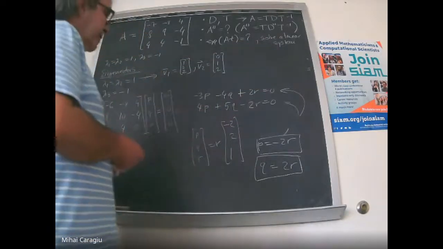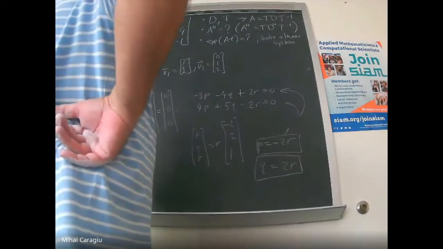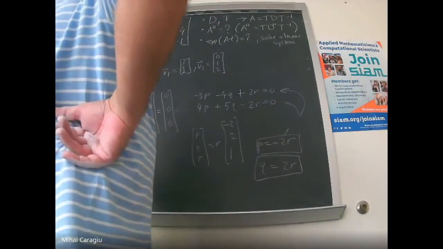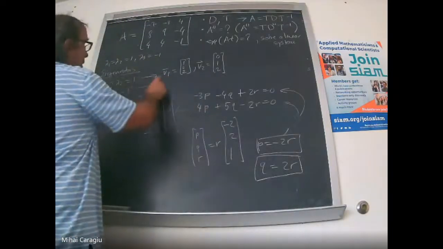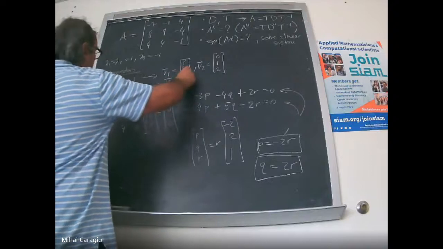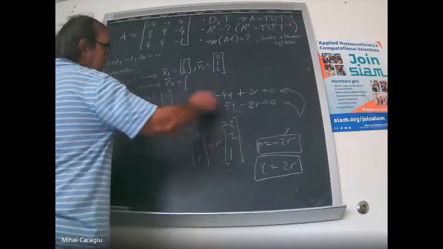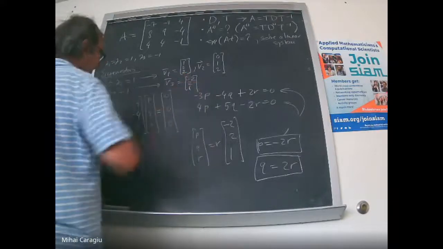Of course r is not 0 to be a genuine eigenvector. So we got an eigenvector for lambda 3 equals 1: v3 equals minus 2, 2, 1.